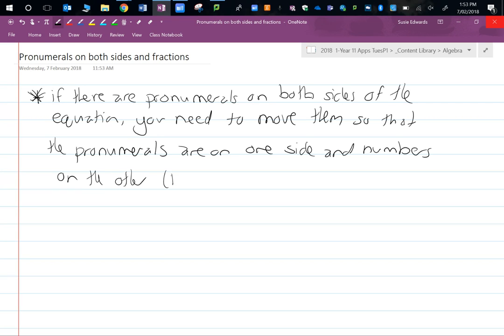Now I'm just going to write in brackets, be careful with fractions and brackets because you still need to take note of them.